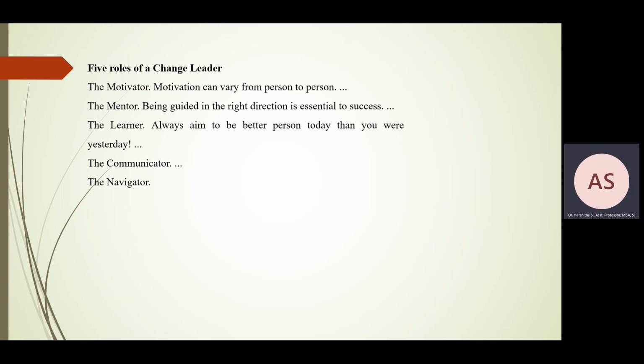Next is five roles of a change leader. The motivator. See, these are the example roles of a change leader. He can act as a motivator. Motivation can vary from person to person depending upon the speed of the person and the knowledge within. So these are the different roles or different work that a change leader is supposed to do.